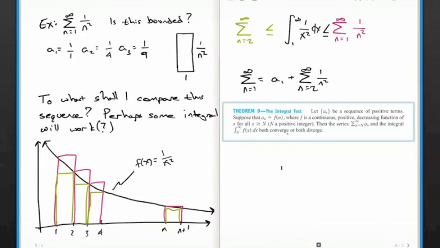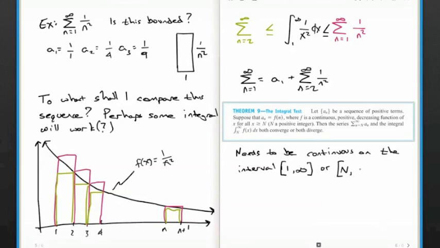It's especially important to notice that it needs to be continuous over this. It needs to be continuous on the interval, and convenient that I've got that mark there, say 1 to infinity, or in this case n to infinity.